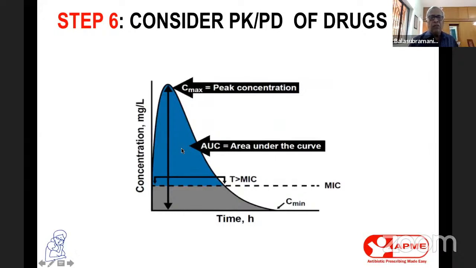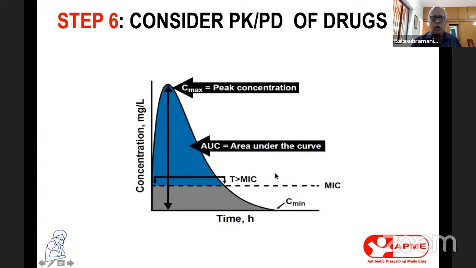When you talk about PK/PD, this curve is very, very important. What does this curve mean? Look at this curve where you have data. One is concentration on the left. Second is the peak concentration called Cmax. Third is the AUC, area under the curve. Fourth is the MIC.